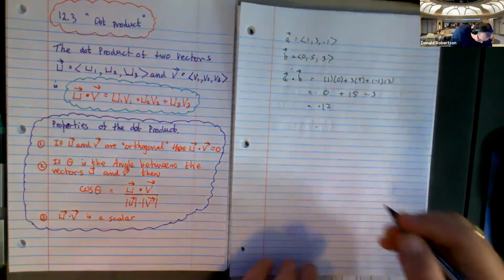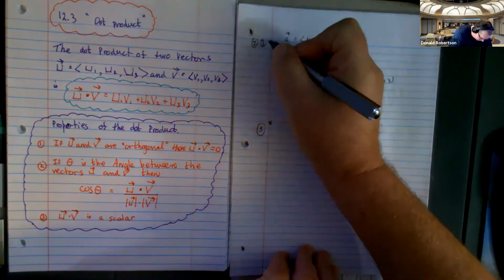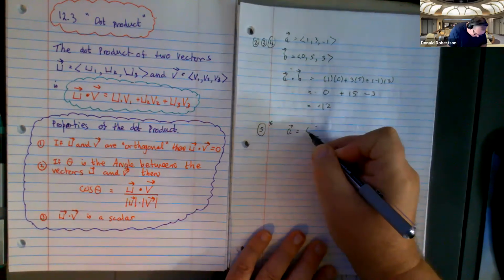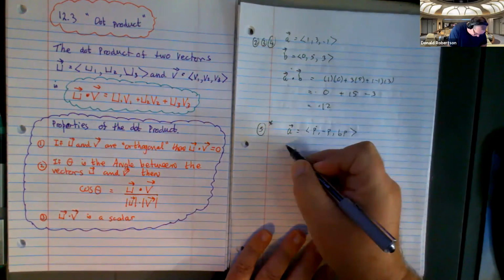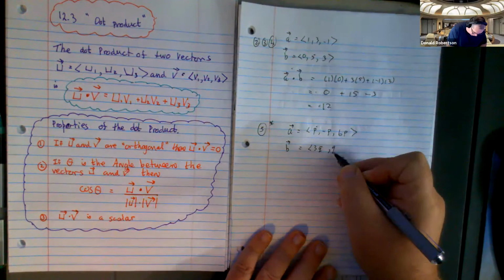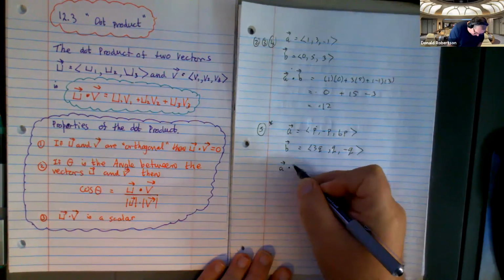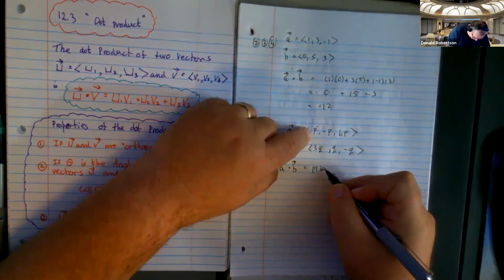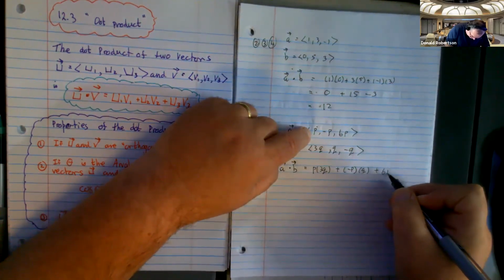Right, let's move on to a version of question 5 now. In question 5, the vector A is P, -P, 6P. And the vector B is 3Q, Q, -Q. We're being asked to calculate the dot product. So it's going to be P times 3Q plus -P times Q plus 6P times -Q.